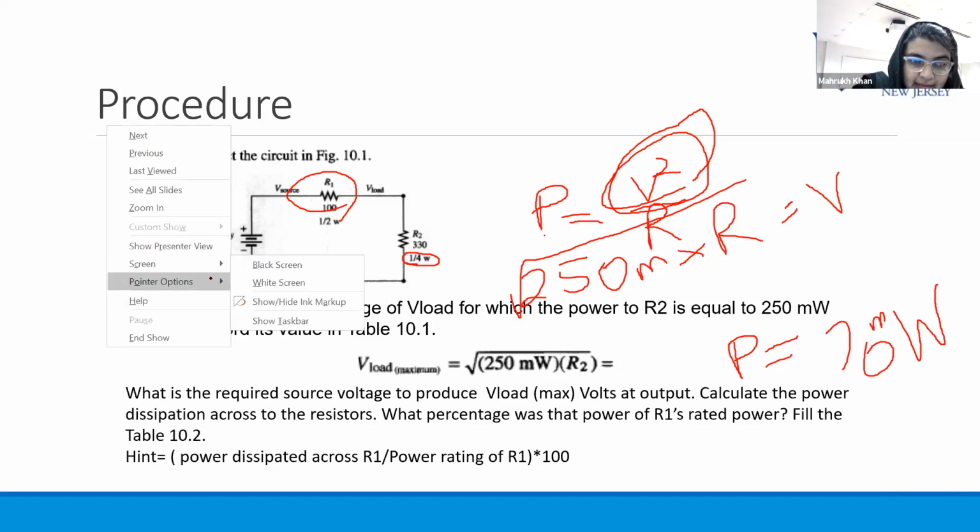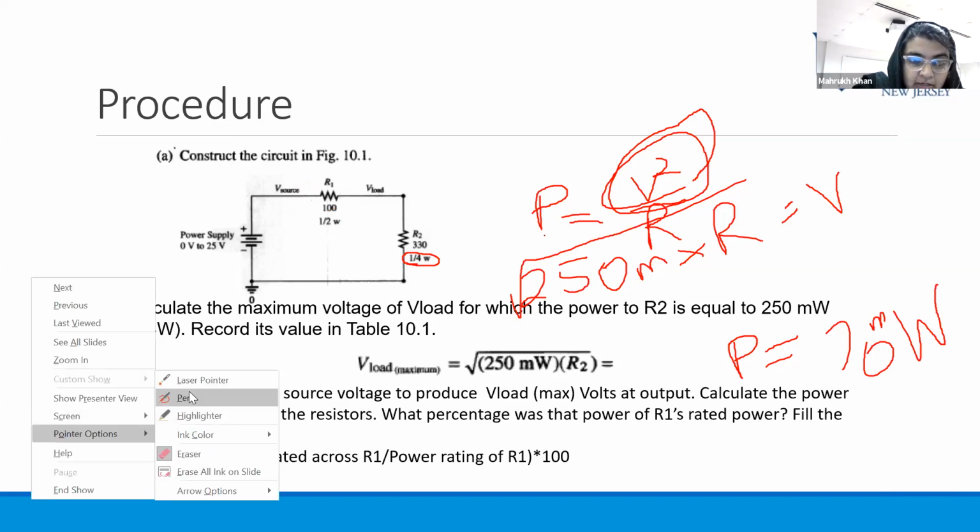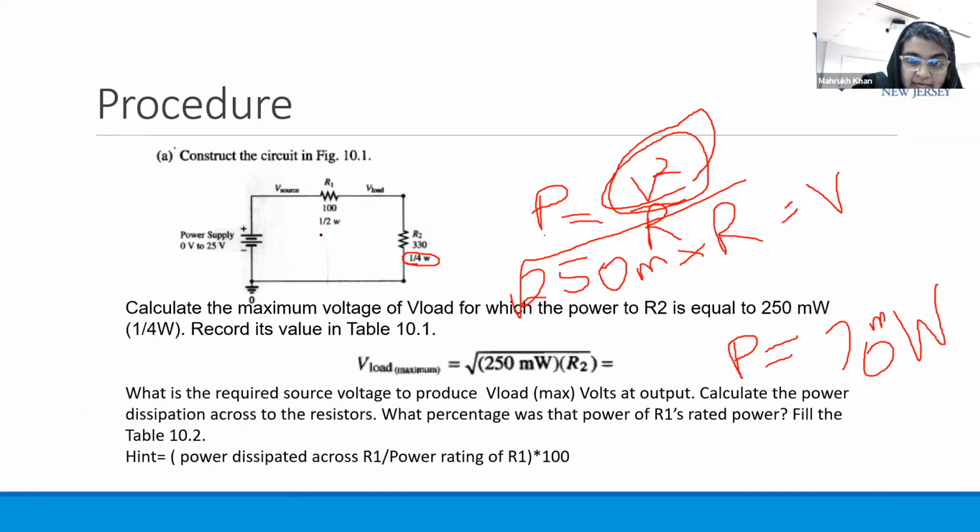So it means that if we calculate that, the rating is half watt, which is 500 milliwatt.